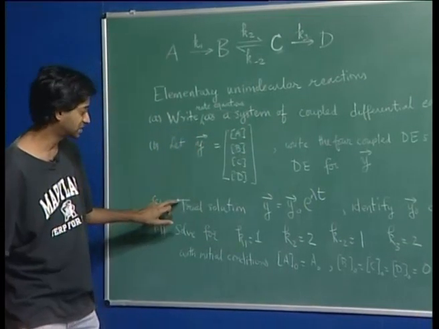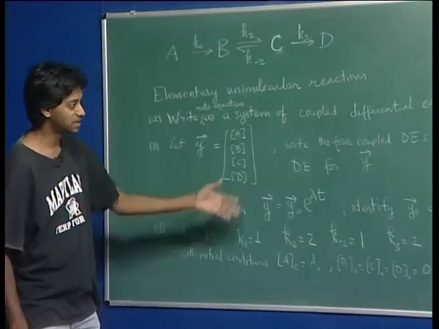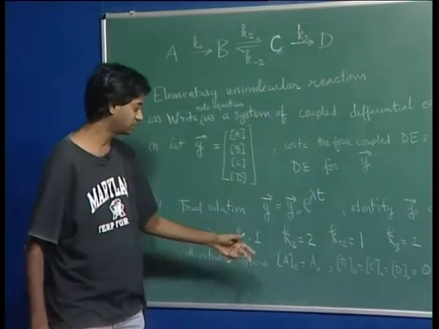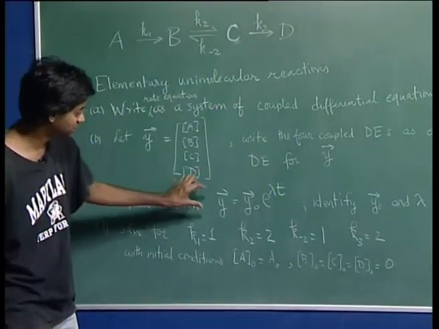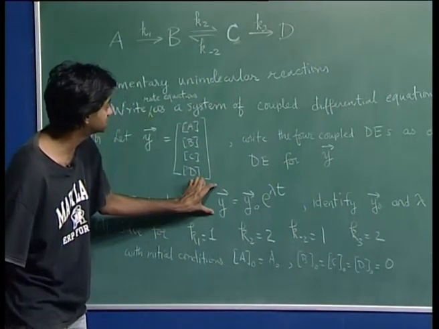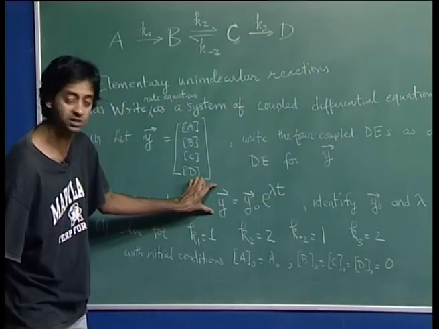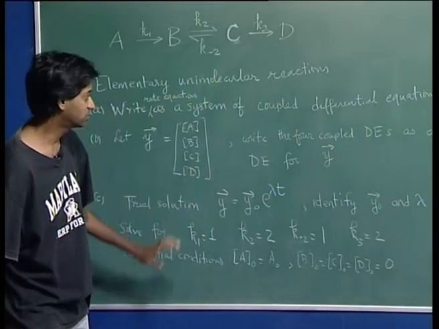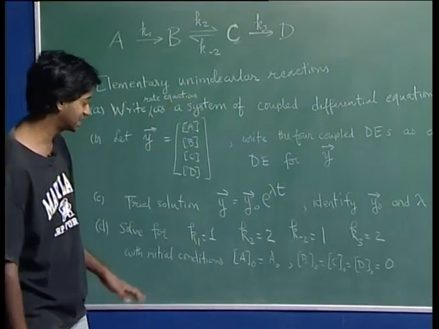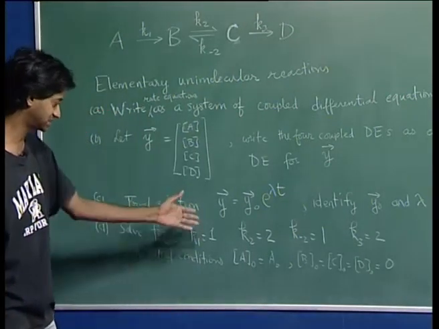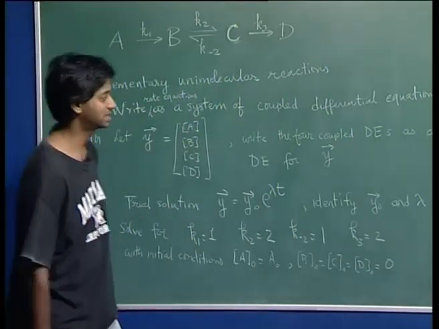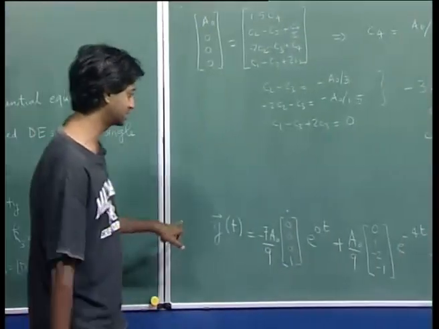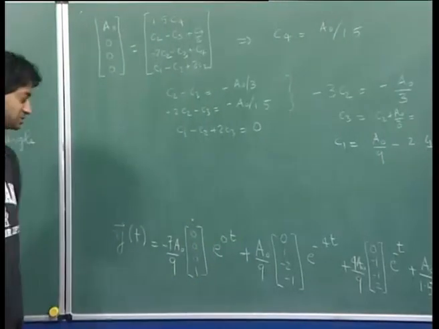Therefore, we could write a trial solution of this form, and go ahead and solve this equation. What we noticed is that when we substitute this into our differential equation, we need to calculate eigenvalues and eigenvectors of a matrix K, and we did that, and after applying the initial conditions we got this as the general solution.